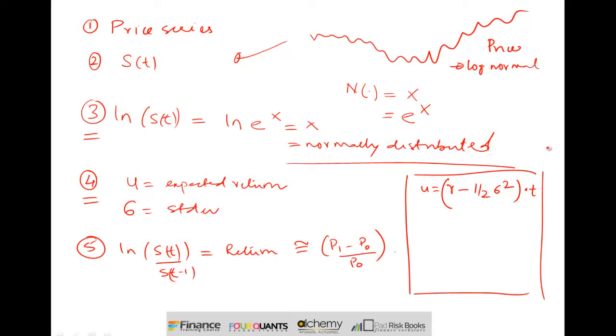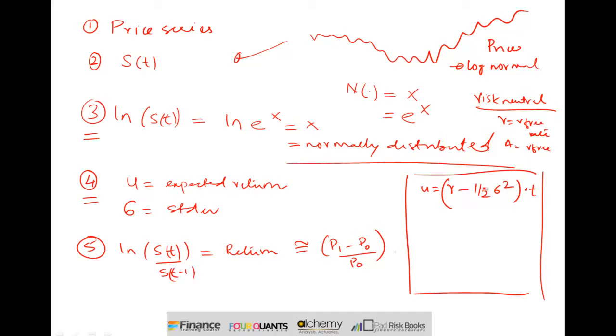Now, why r minus half sigma squared? If you go back to the basics and the fundamental setting of the Black Scholes equation, you'd remember that a Black Scholes model or a Black Scholes world assumes from the beginning that you're operating in a risk neutral world, and in that risk neutral world all investors are happy earning the risk free rate. And because all investors are happy earning the risk-free rate, all assets earn the risk-free rate.